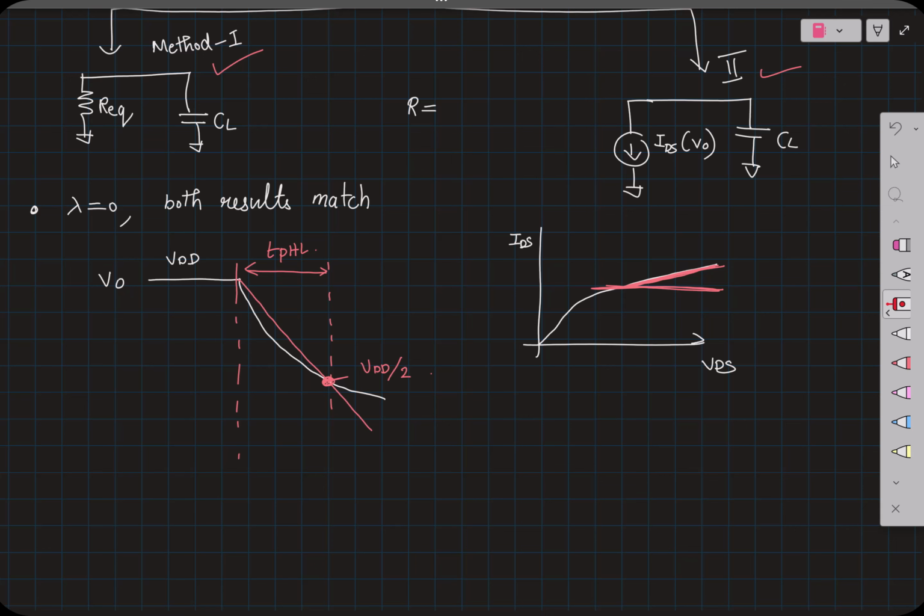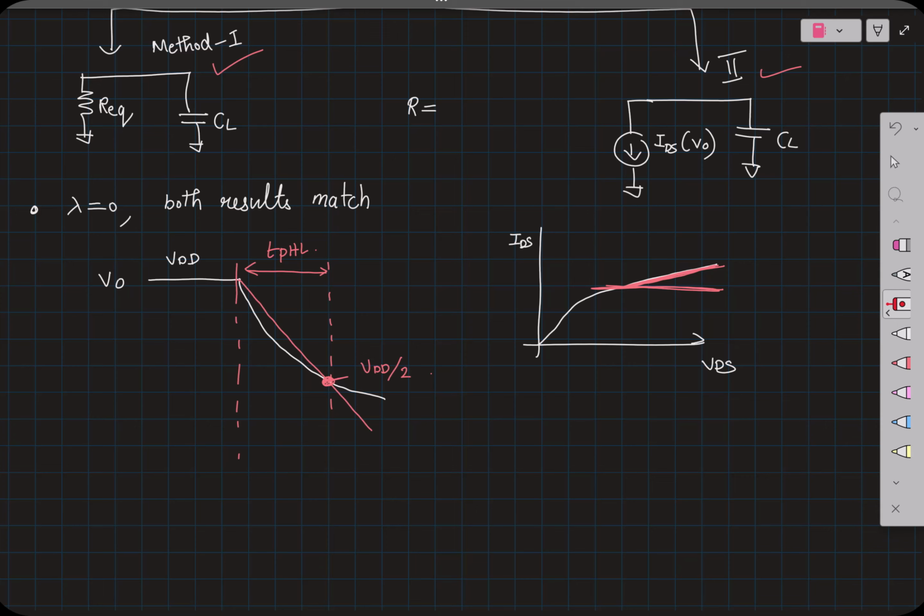Lambda is equal to 0 for both the cases. This is just to show you that both methods yield the same final result. Right? I use lambda equal to 0 just to make the calculations easier. But you can go back and derive the delay in this method by assuming a finite lambda. And you'll see that that also matches.